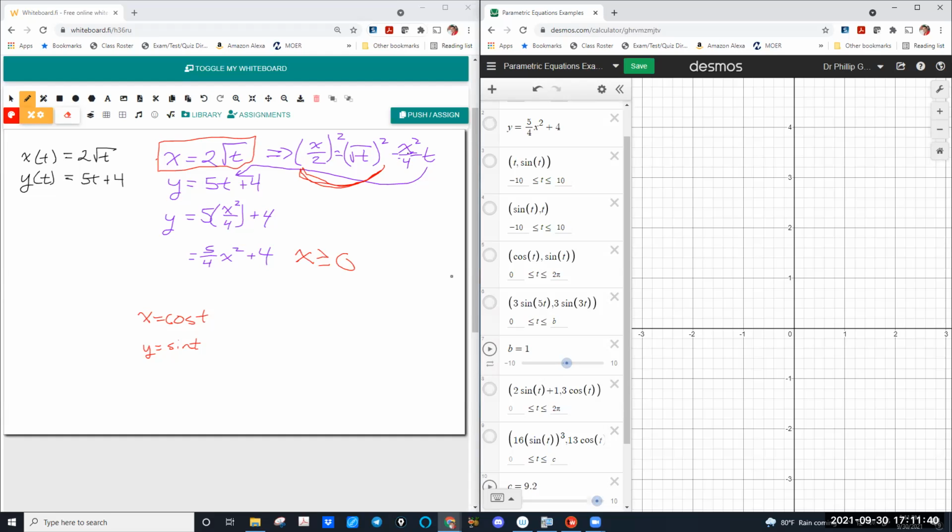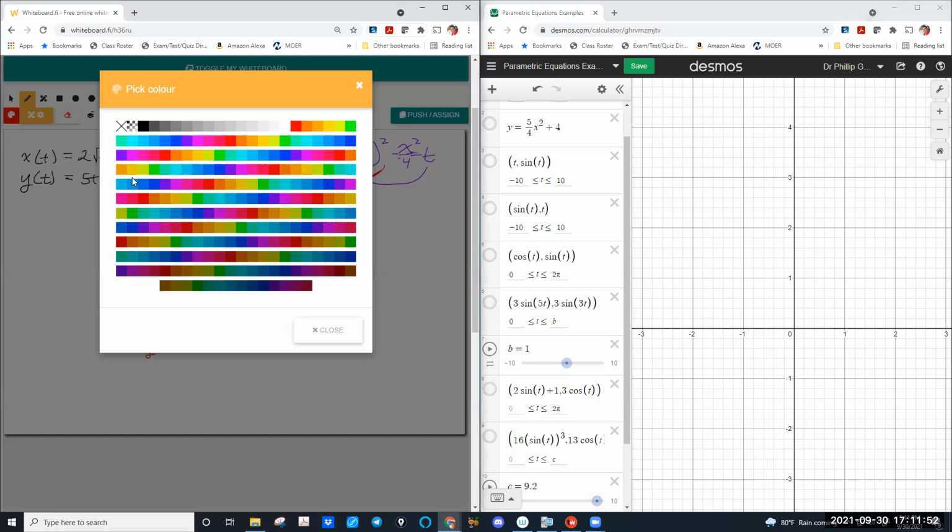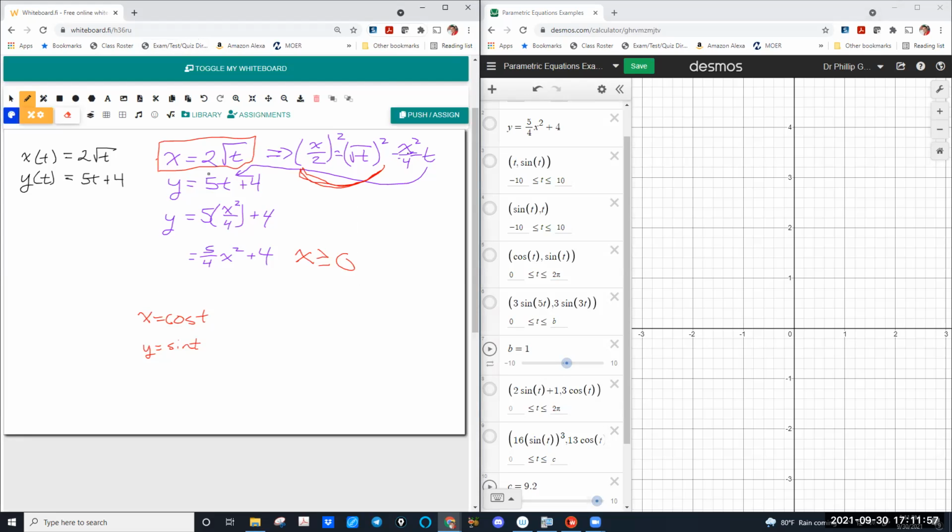Okay, now here's one of the things that's kind of cool about parametric equations graphically. We can basically graph any function we want, anything that's already a function, by letting the first parameter be t and the second parameter be the function. So let me write this out so you can see what I'm talking about. I'm letting x of t equal t, and y of t equal, in this case, sine of t.